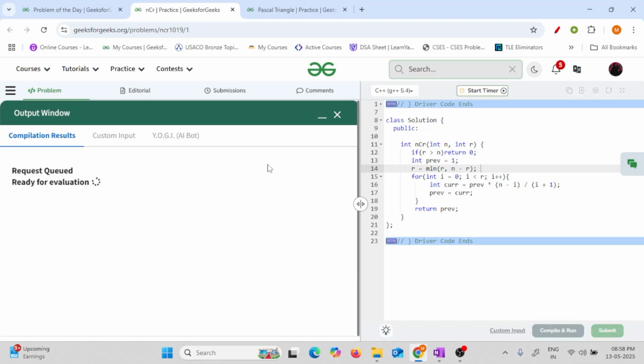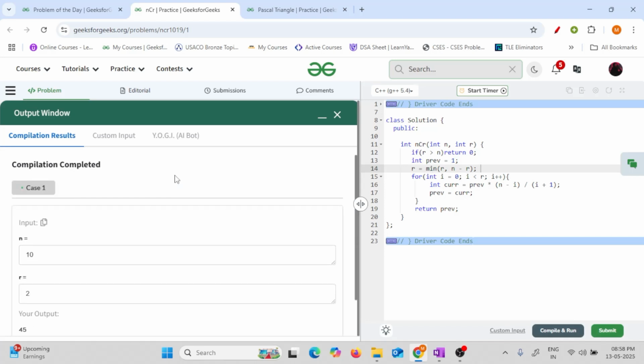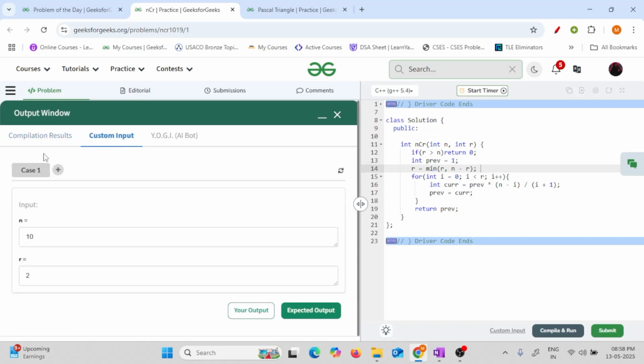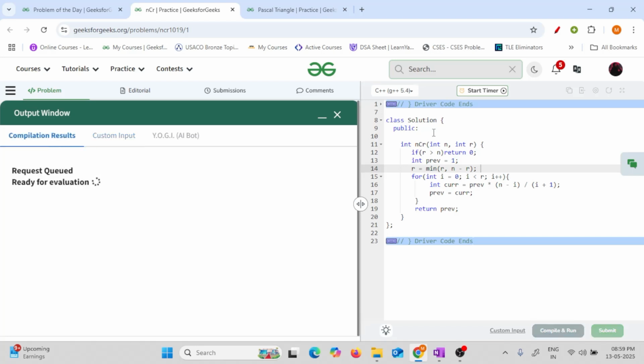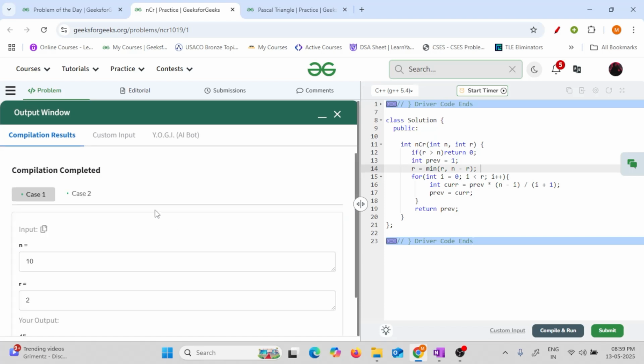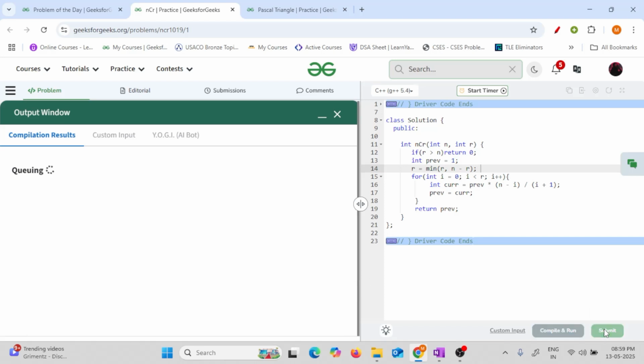Let's compile it. For this input, what output are we getting? 32 and 31. Okay, it compiled successfully. Let's submit it again, and then discuss the time complexity of this program once it gets accepted.